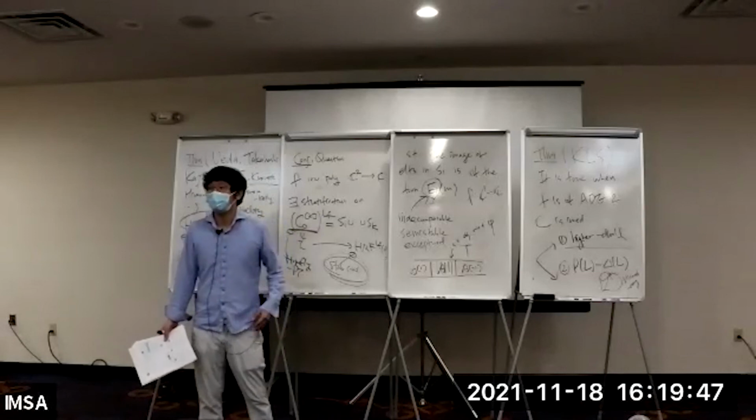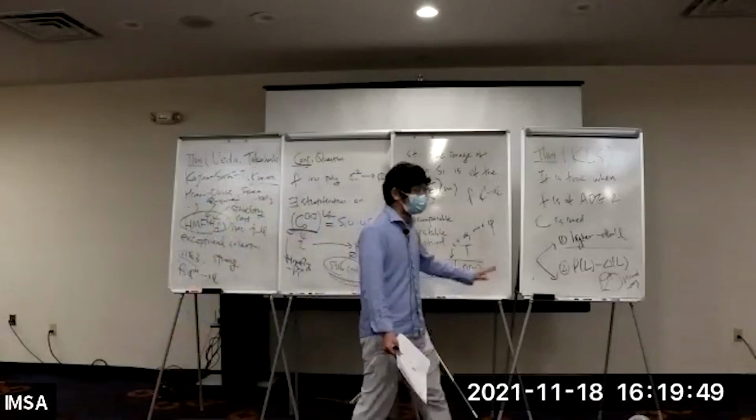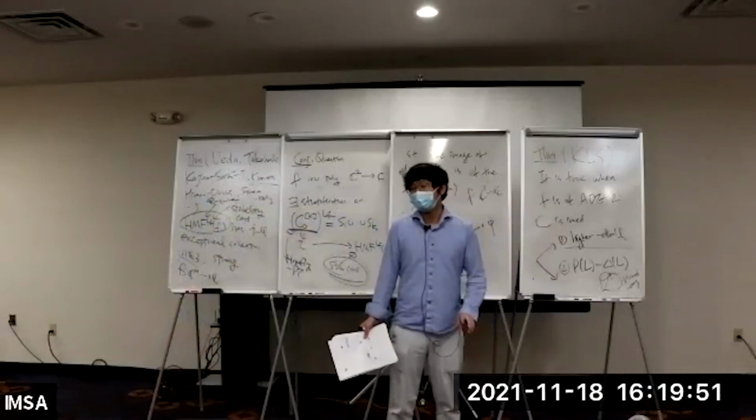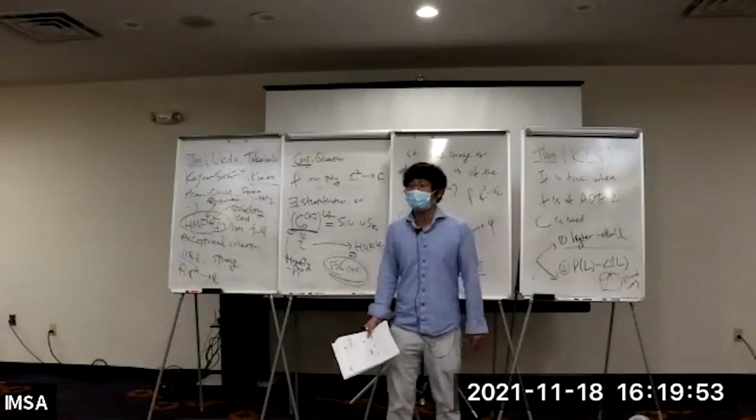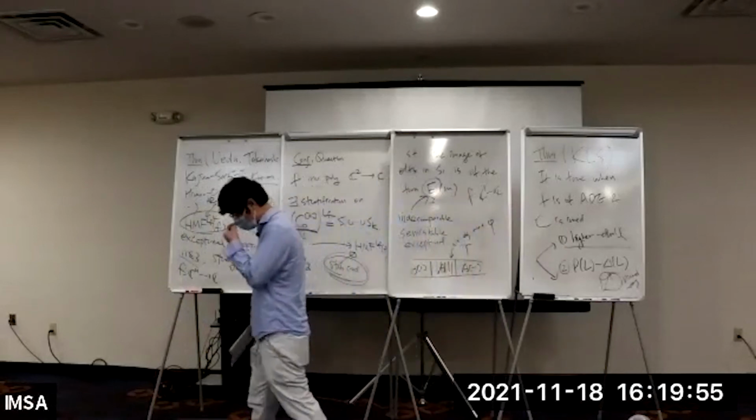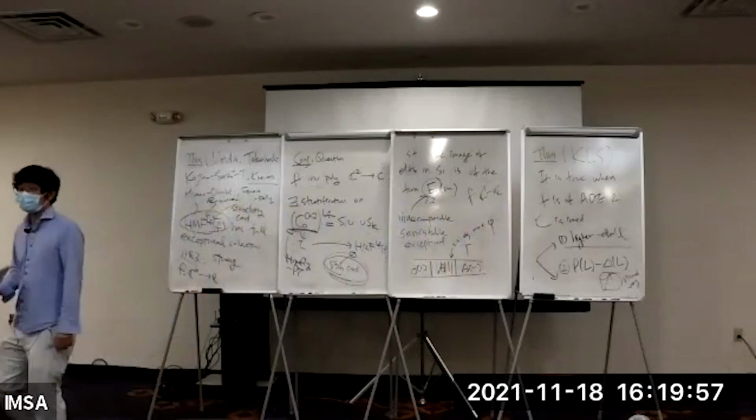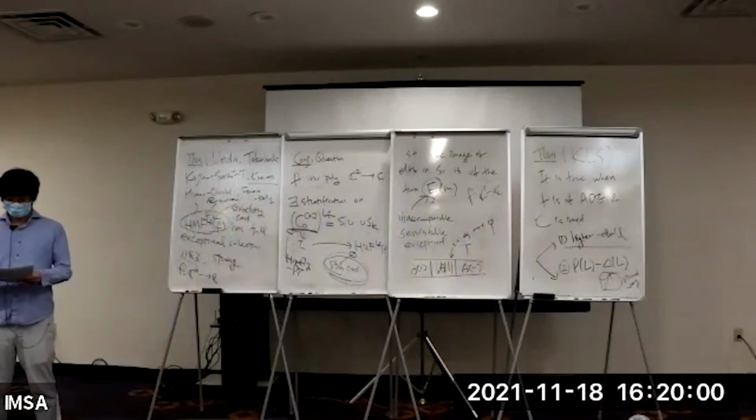So we don't have to worry. That's the point. But if F is more general, then I think this might pose some problem. Okay, that's a good question. Any other questions? No, then let's go.